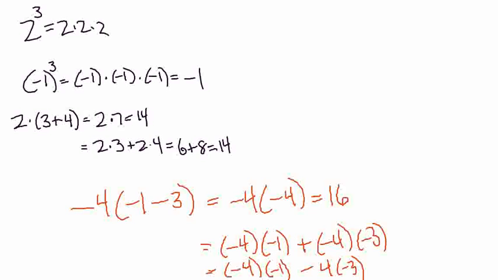Whether you add or subtract, I'll work both of those out, and you'll see that they're the same. The first one is 4 plus 12, which gives 16. The second one is 4 minus negative 12, which also gives 16.